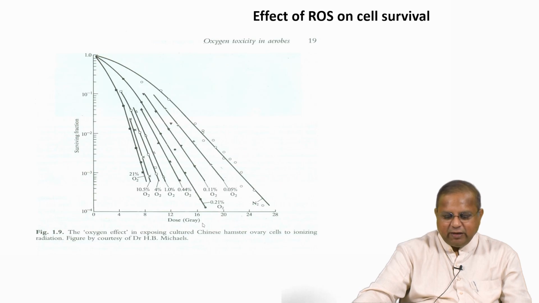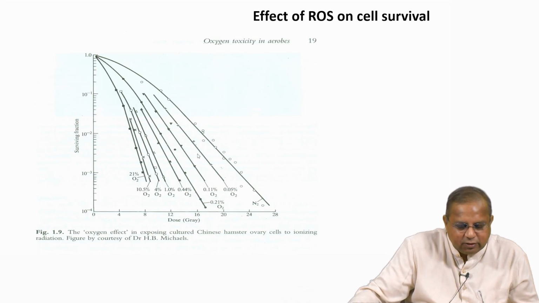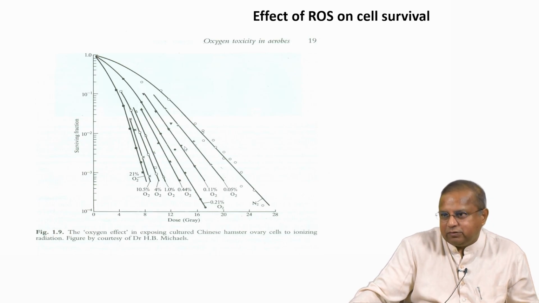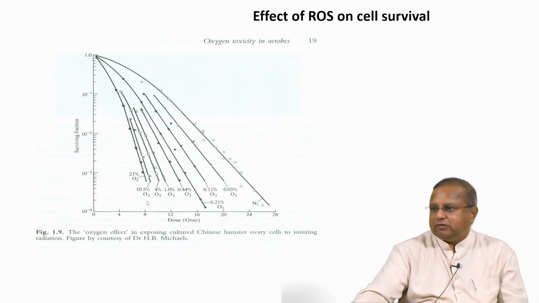At any dosage, if you take 20 16, let us say, this is about 3 into 10 power minus 3, whereas this is about 10 power minus 2. So there is a huge difference in the effect of reactive oxygen species on cell survival.